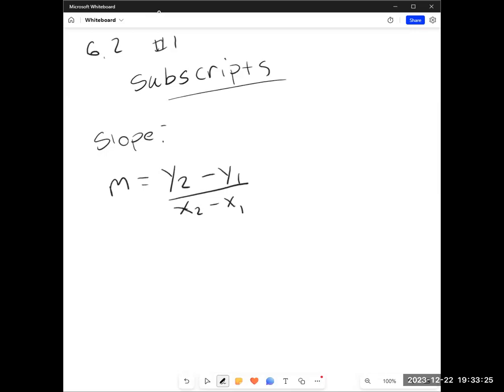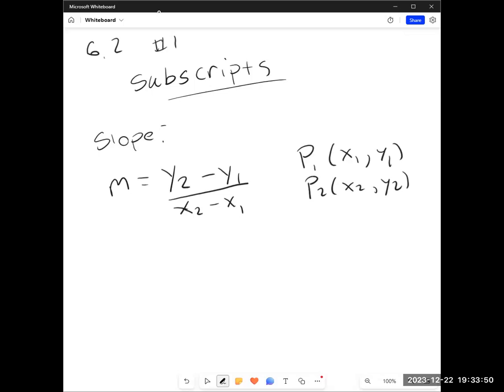And all these are for is that there's two different values that are both y values and two different values that are both x values, and it identifies which is which because there's a point 1 that is x1 y1 and there's a point 2 that is x2 y2, like that, a first and a second.